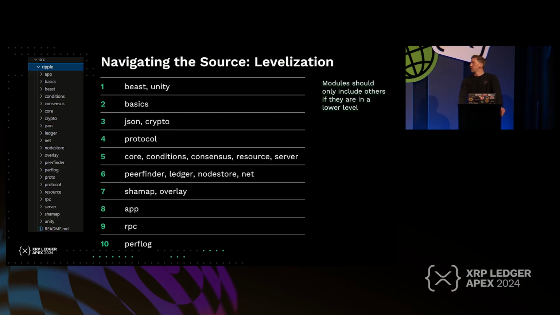As you saw when we were defining a transaction, most of the definitions that we needed to make were in this protocol directory. And then core conditions, all these are specific to rippled. They're kind of like the core components of rippled. And then I would say the most important directory is the app directory, as it pieces all of these parts together to create what we know as the XRPL.